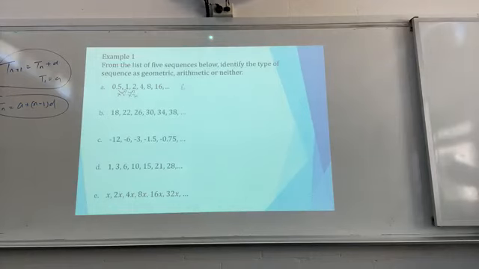So a geometric sequence is the ratio that you multiply. The ratio between any two successive numbers is the same. Yeah, basically. C is a half.